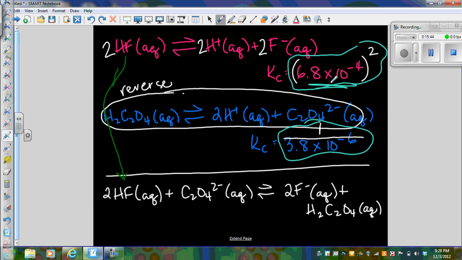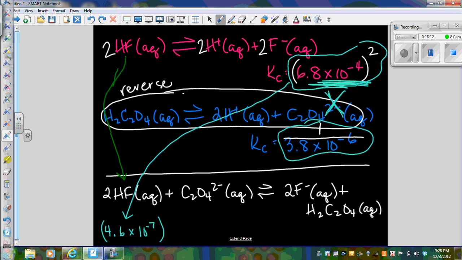So this one right here, 6.8 times 10 to the negative fourth squared is 4.6 times 10 to the negative 7th. I just misspoke. I said that I was going to take these two and add them together. I am not. I am going to take these two and multiply them together when I get those values. So this answer here is this one.